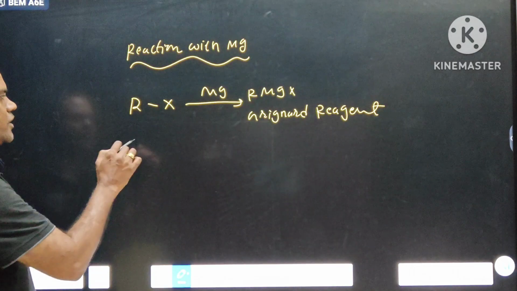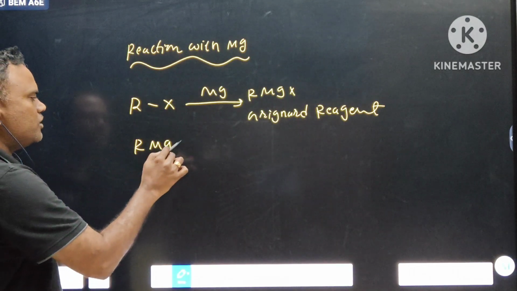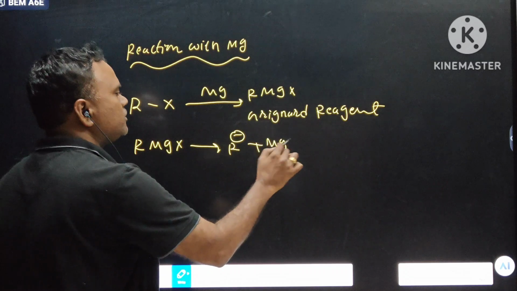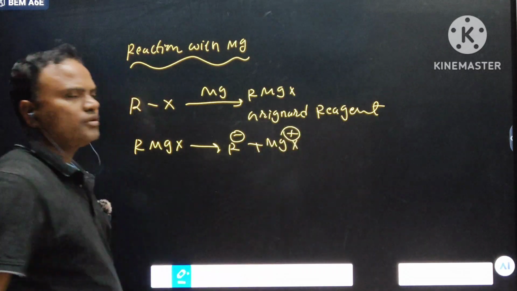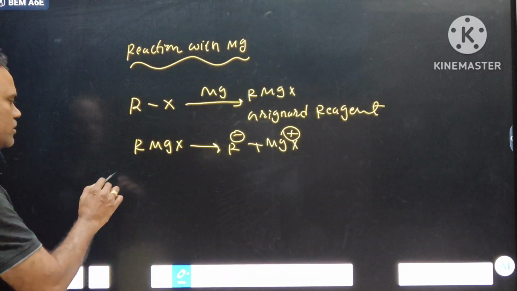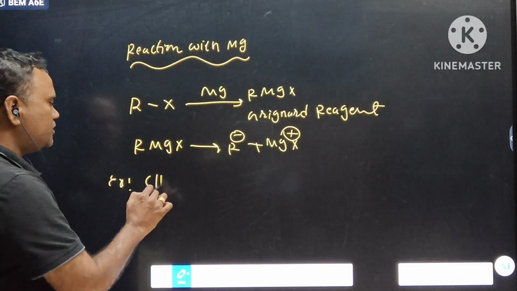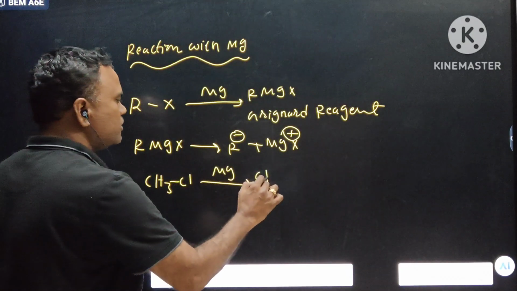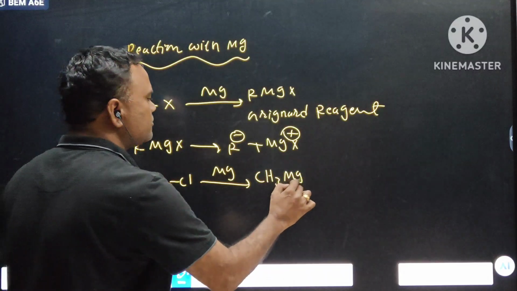See, dissociation of Grignard reagent is very, very important. RMgX dissociates into R negative and MgX positive. Example, methyl chloride when treated with magnesium metal forms methyl magnesium chloride.